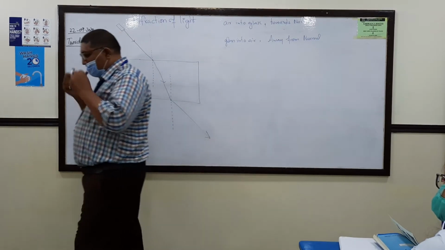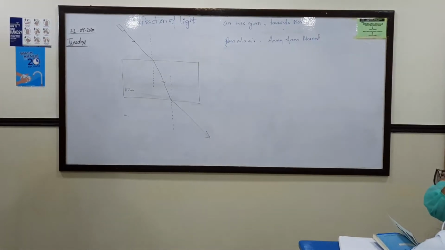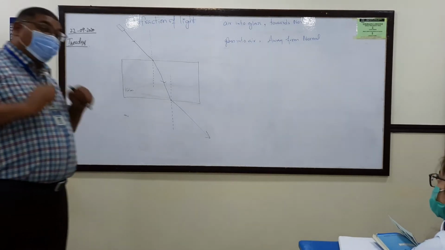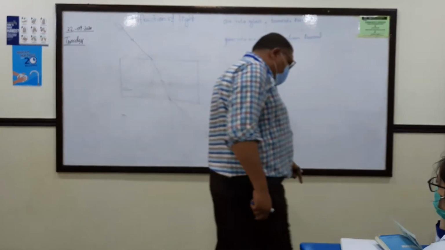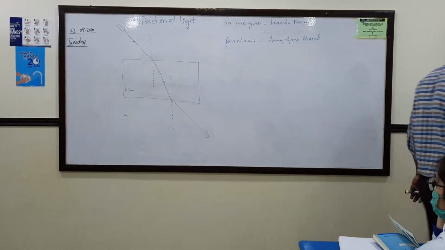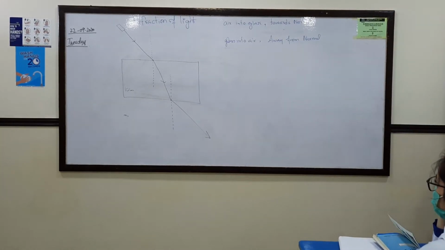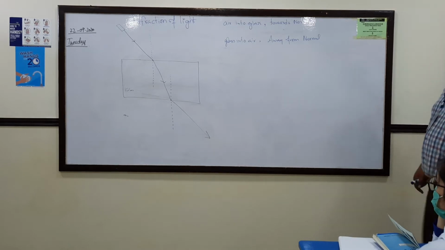Can you see that? Whenever the light enters from air into glass, it bends towards the normal. And when the light enters from glass into air, it bends away from the normal.